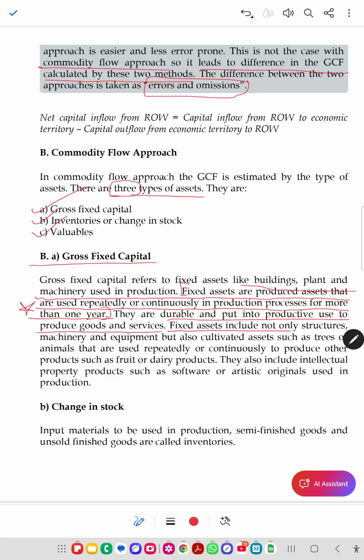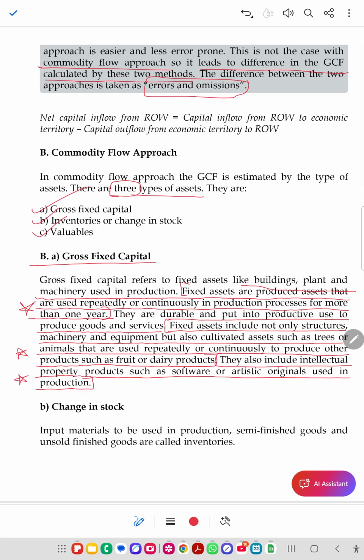Fixed assets include not only structure, machinery, and equipment, but also cultivated assets such as trees or animals that are used repeatedly or continuously to produce other products such as fruit, dairy products, etc. They also include intellectual property products such as software or artistic originals used in production.